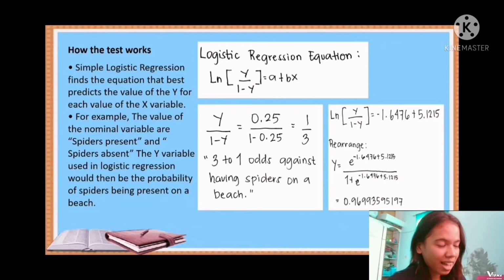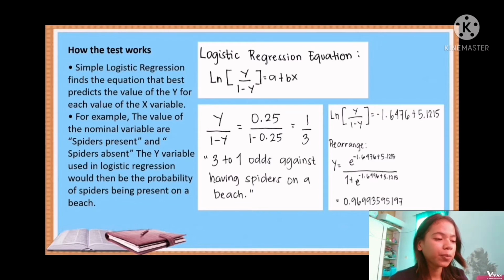For the spider example, the equation is ln of y over 1 minus y equals negative 1.6476 plus 5.1215. So, rearranging to solve for y, the probability of spiders on a beach, yields y equals e raised to negative 1.6476 plus 5.1215, over 1 plus e raised to negative 1.6476 plus 5.1215, where e is the base of natural logs.